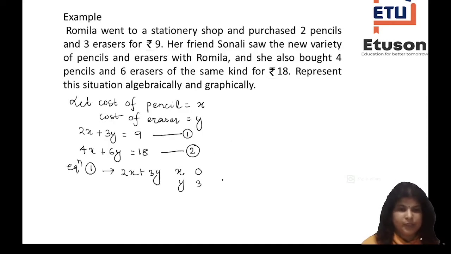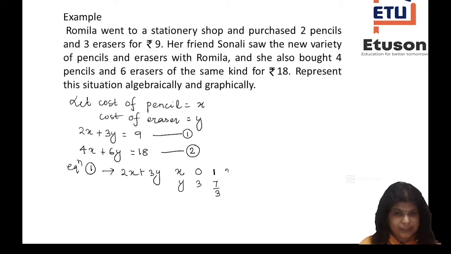If x is equal to 1, then your y will be equal to 9 minus 2, that is 7, so 7 by 3.